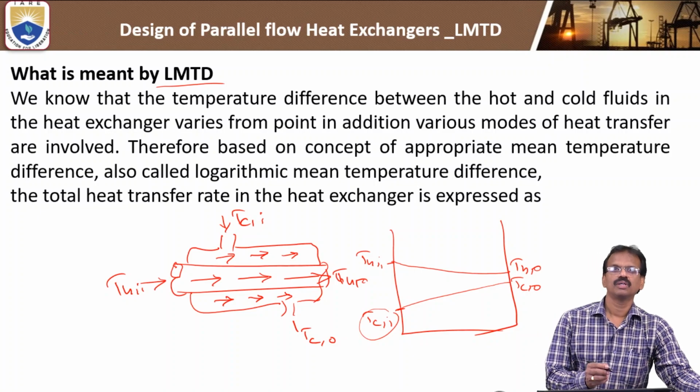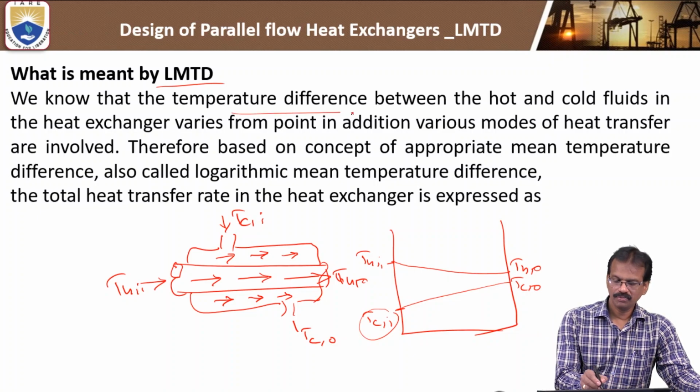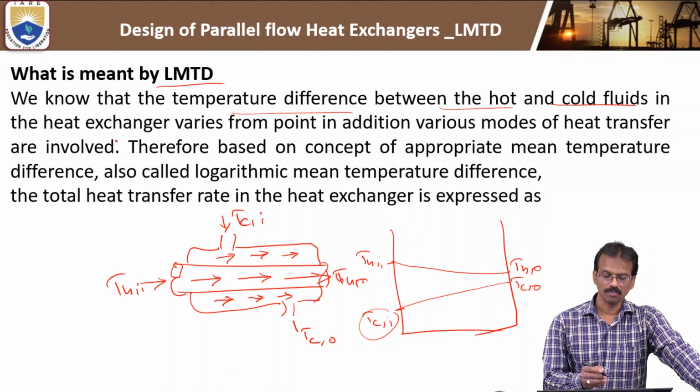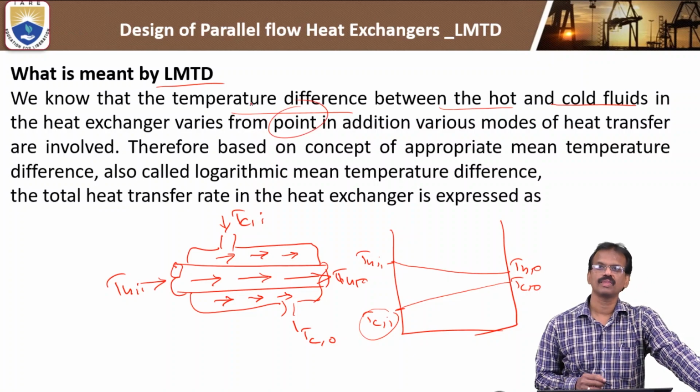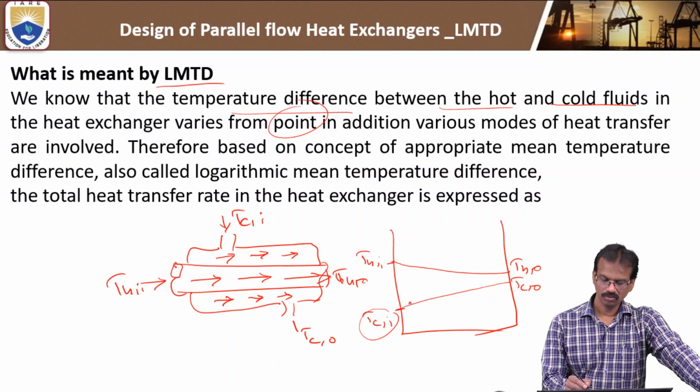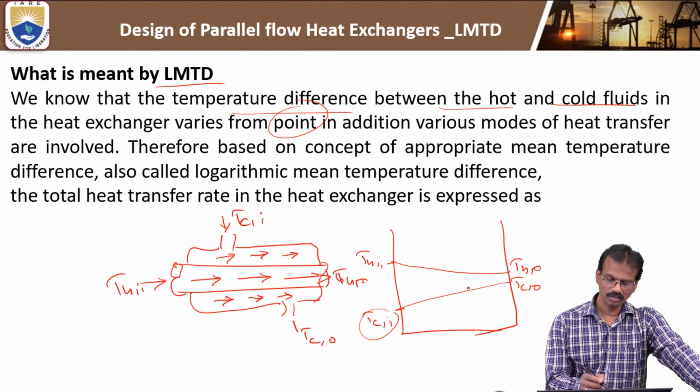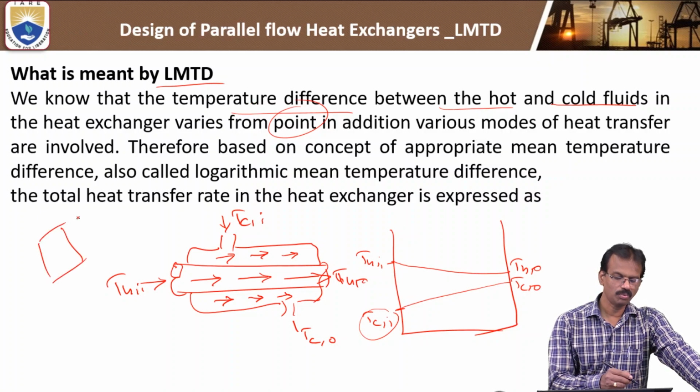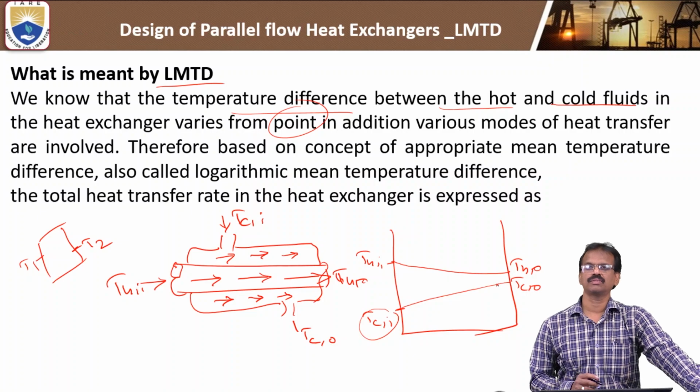It means the temperature difference between the hot and cold fluid in a heat exchanger varies from point to point; it is not fixed. In the case of homogeneous bodies the temperature is fixed, T1 and T2, but here the temperature changes.